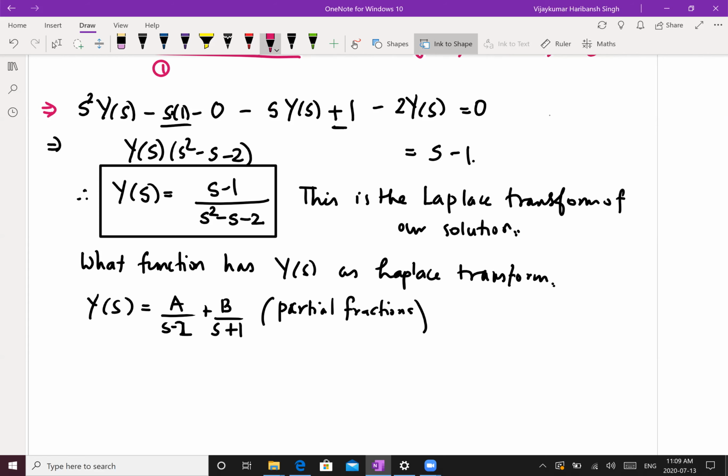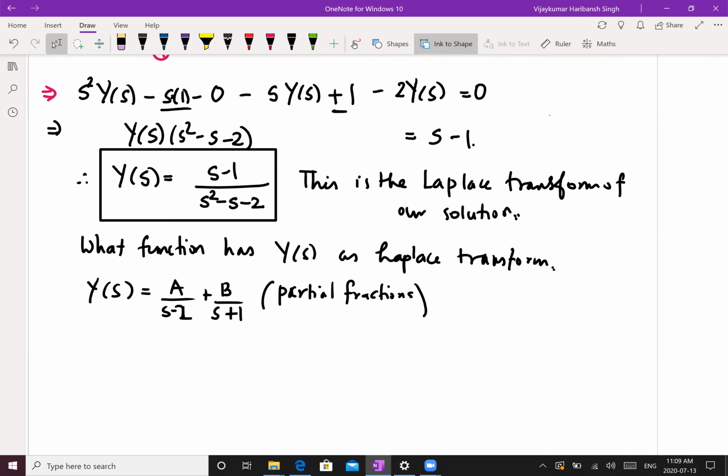So let's first find A and B. By inspection or otherwise, you will see that A is 1 by 3 and B is 2 by 3. Or otherwise, you can apply partial fractions.